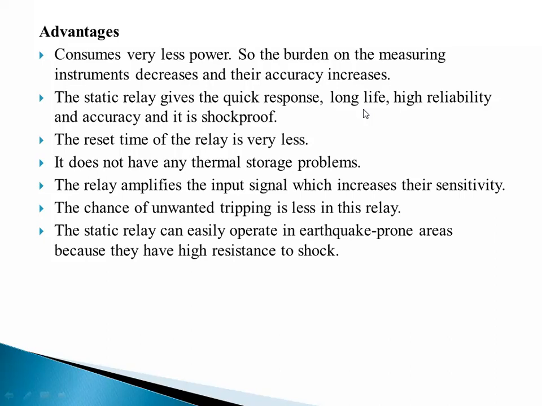So here the chance of unwanted tripping, means actually one circuit breaker should be operated, instead of that one more gets operated. So this unwanted tripping is less in this type of relay.